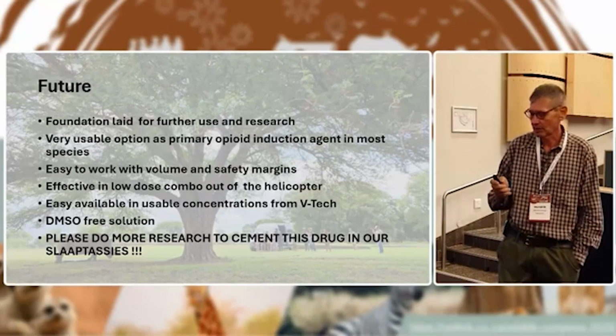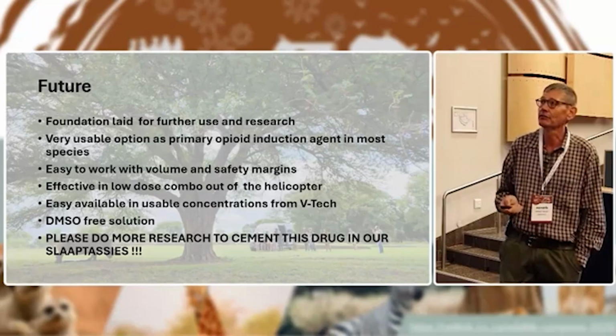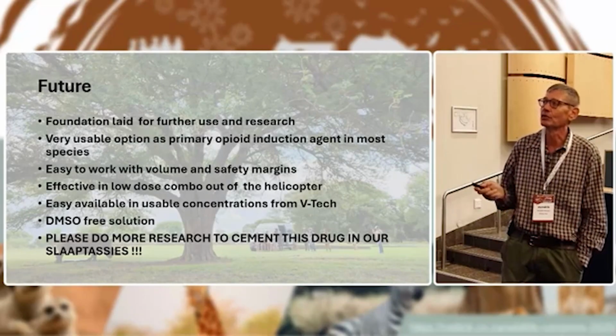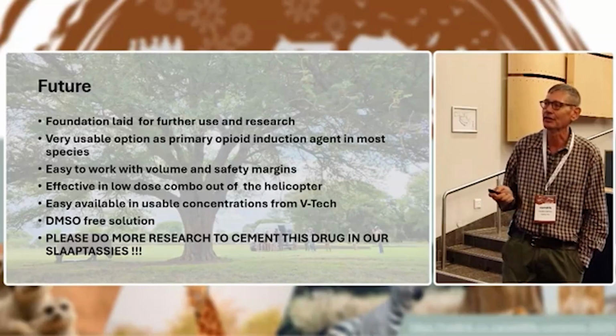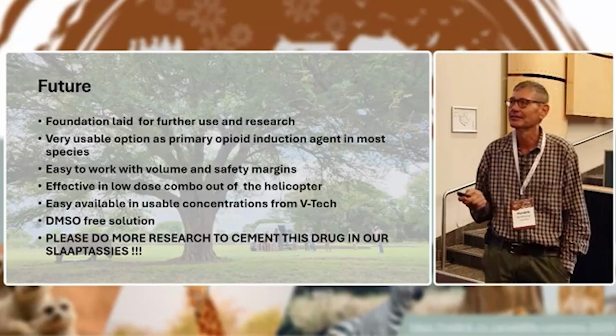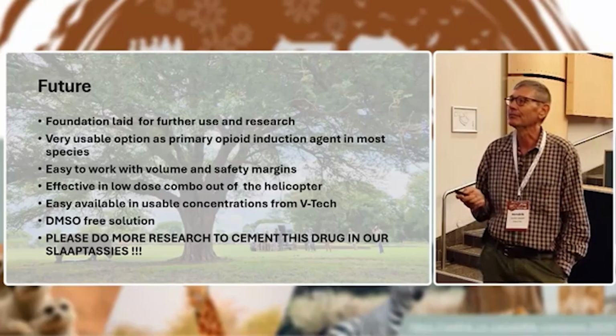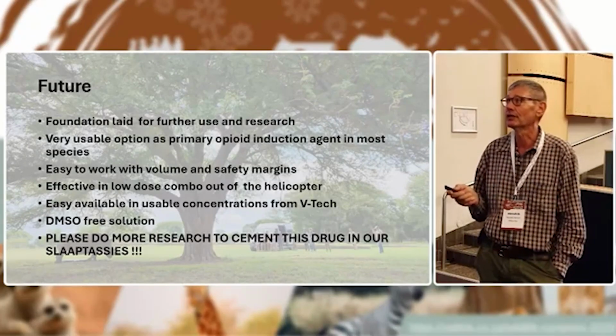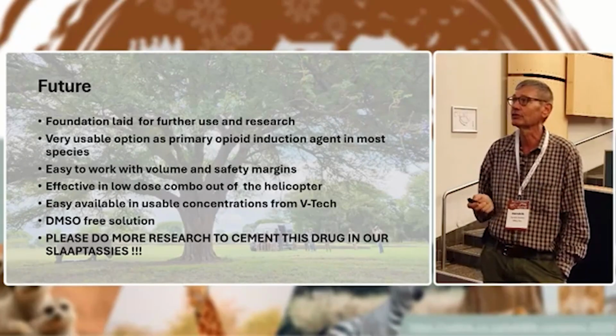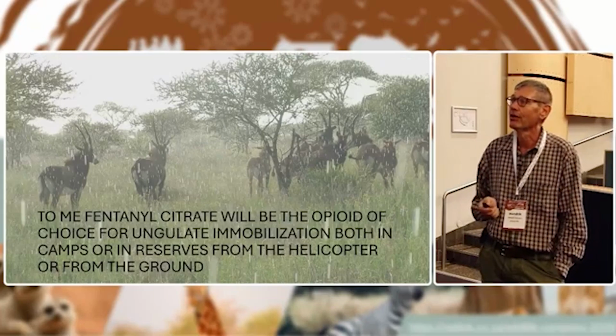Talking about the future now, we need to do quite a bit more to cement this drug into our slaaptassies. The availability will hopefully be good, though Johan is still struggling quite a bit with that.